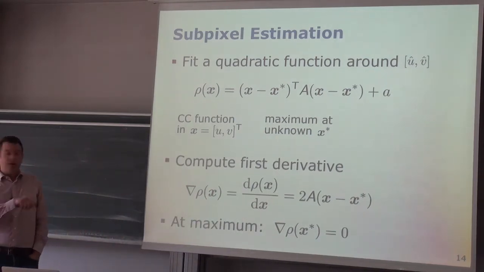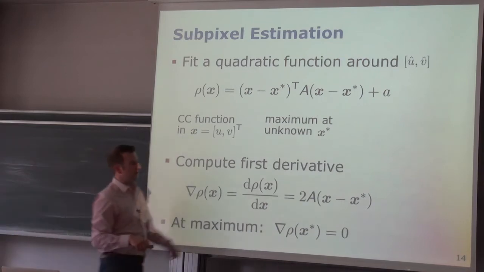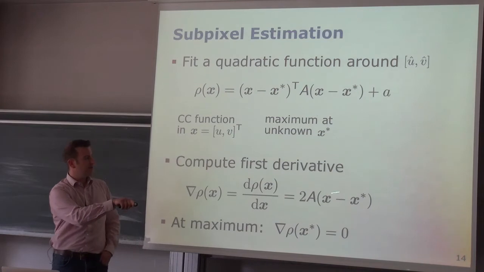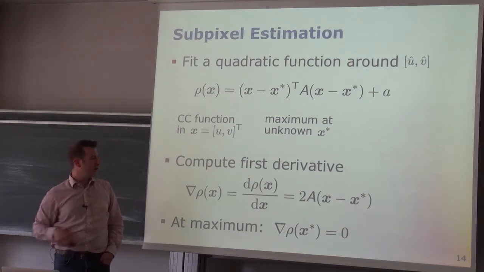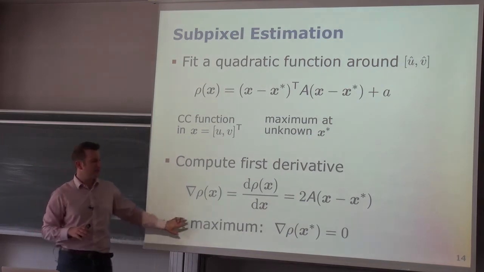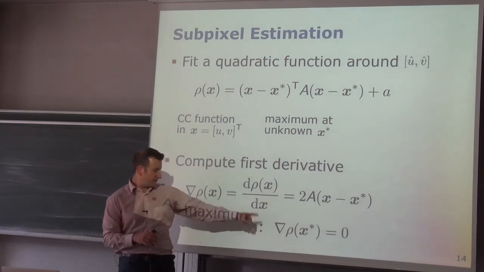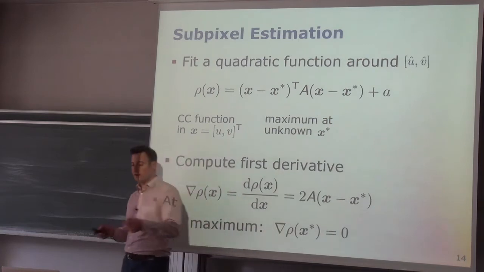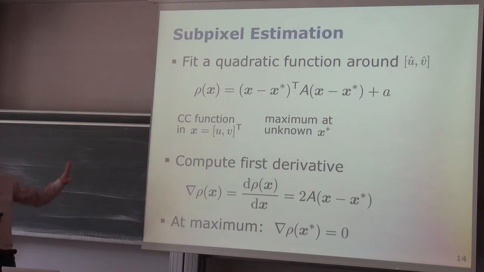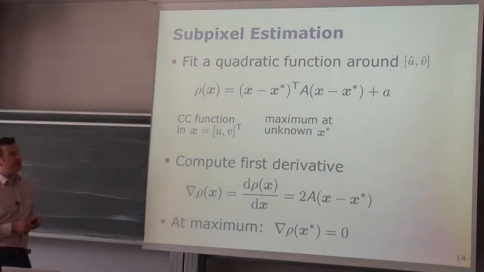And this value takes the value of 0 if x takes the value of x star, because then this gives 0 and the overall function value takes 0. So at the maximum, the first derivative takes a value of 0.